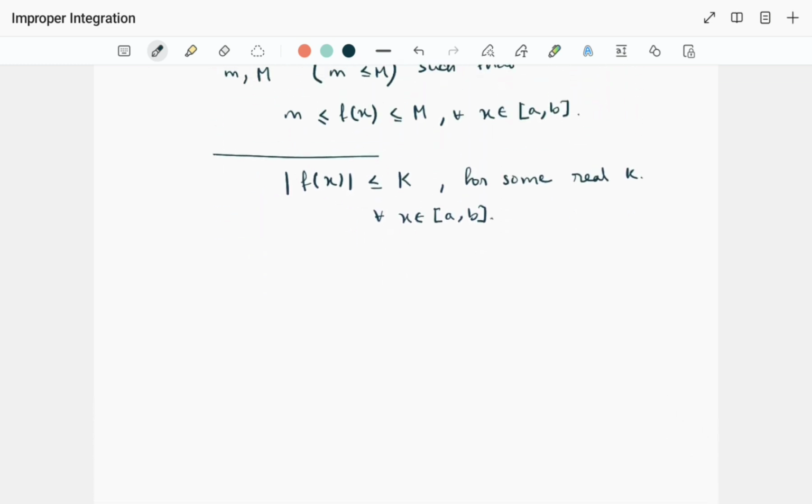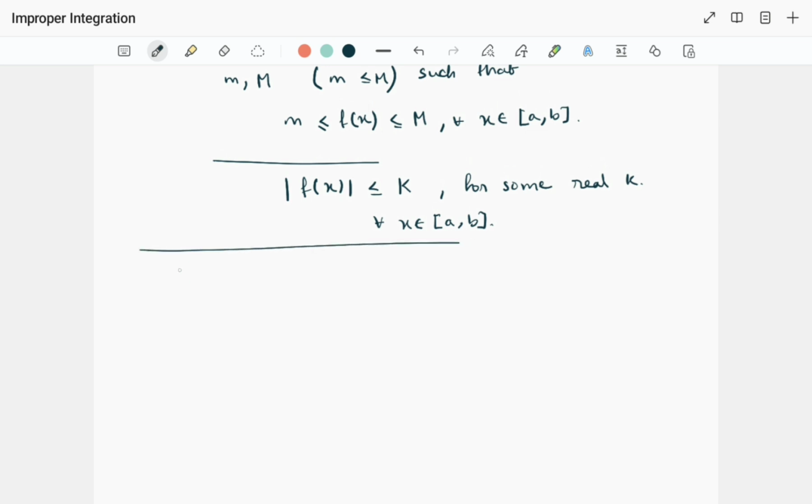Suppose the integration from a to b of f(x) dx is a proper integration. Then two properties should be maintained.